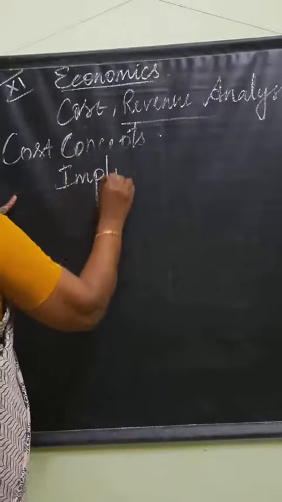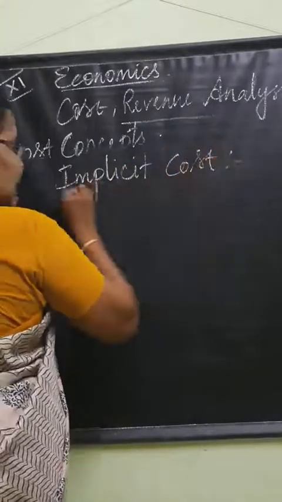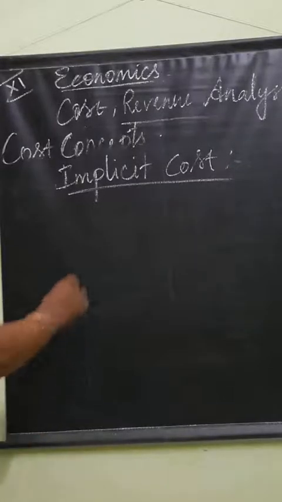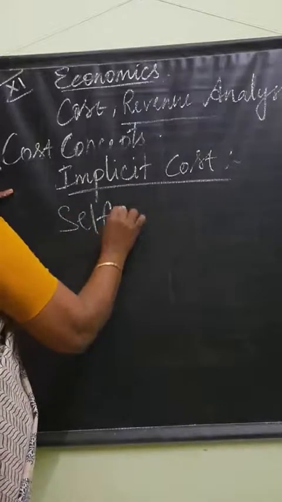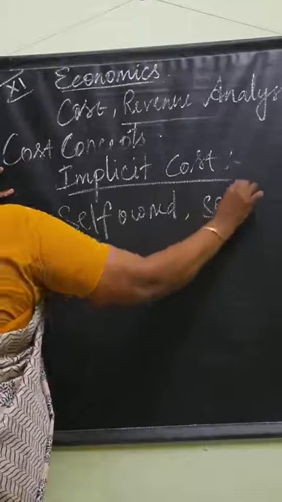Implicit cost is incurred inside the firm. That is the payment made for the use of resources that the firm already owns. That is the firm's self-owned or self-employed resources.